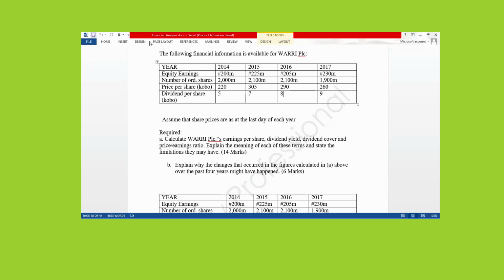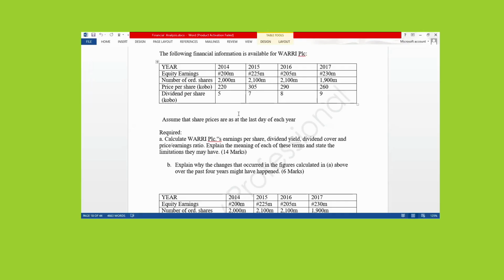You can also do comparison with industry standard, where you compare a particular company against the industry average, like the question we solved last week.